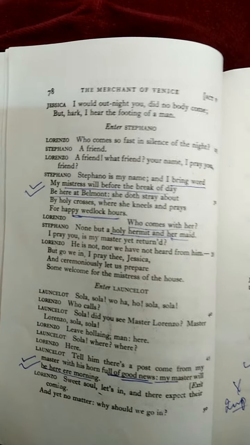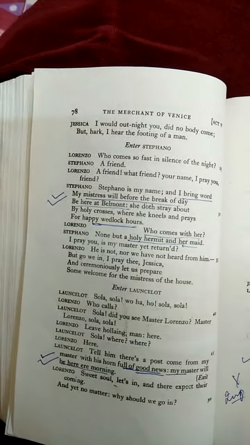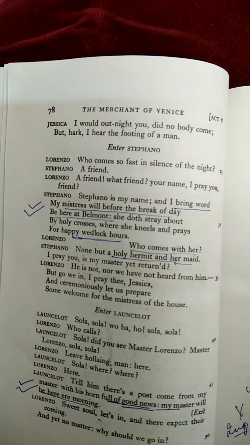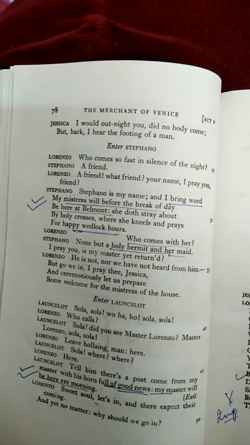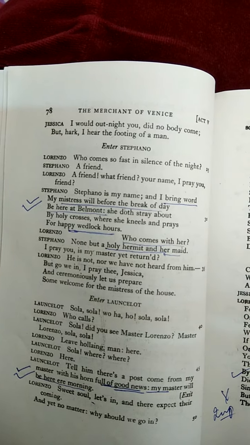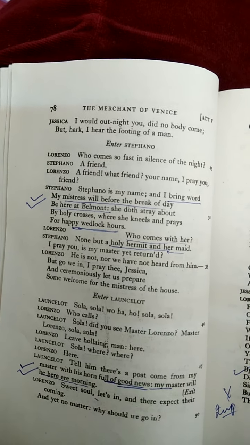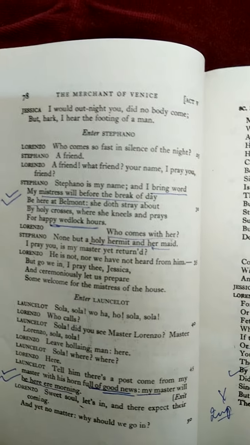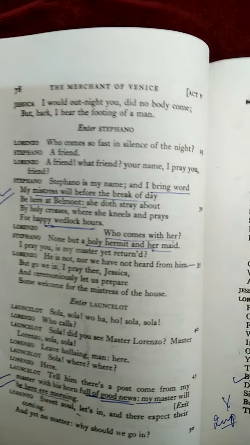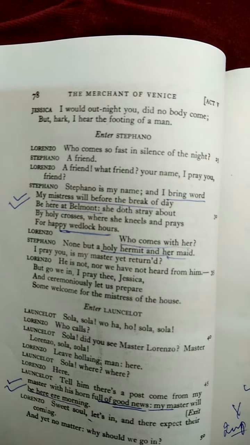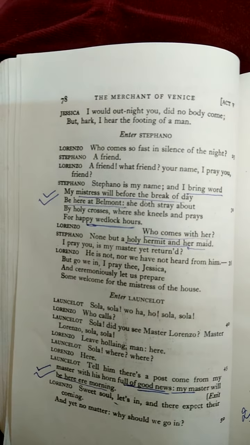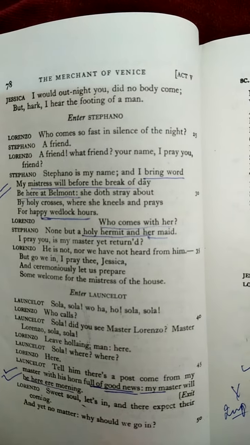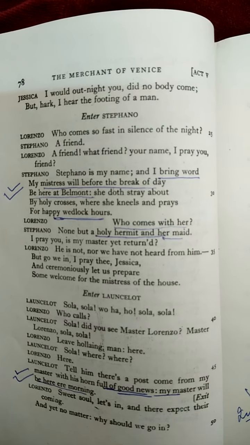So even these minor characters are important, particularly Stefano's announcement, because we come to know that he would bring a holy hermit, because this marriage ceremony will be organized. So this is another important development, in which we have a romantic setting.